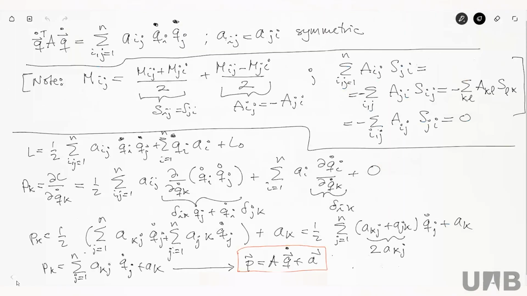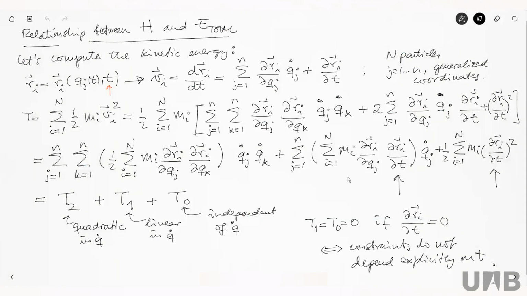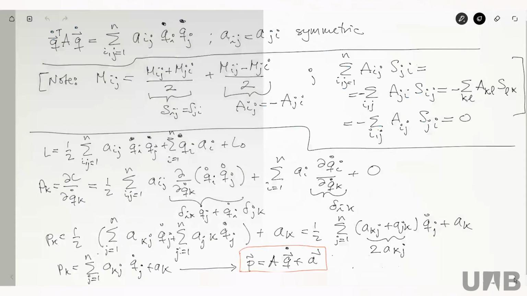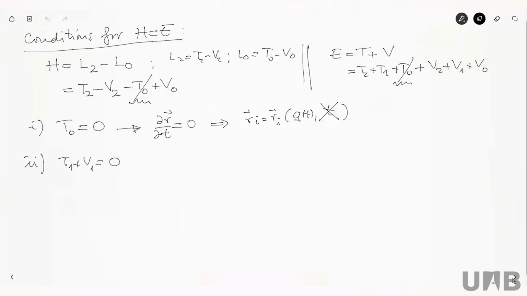Or 4 slides, or 5. Here. Who is T1? This guy is T1. So this guy is T1, okay? But T1 also has the explicit time derivative here. And we just said that this is 0 for the first condition, right? We also required that this time dependence did not happen. So that means that T1 is already 0. Okay, so then that means that V1 has to be 0.